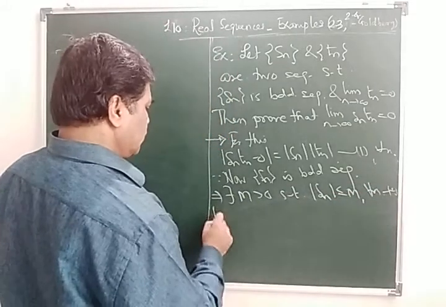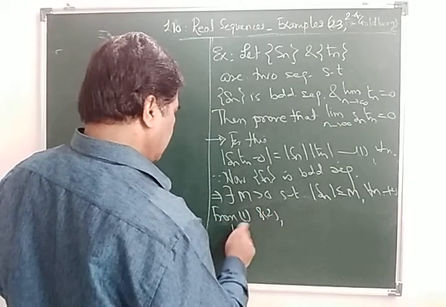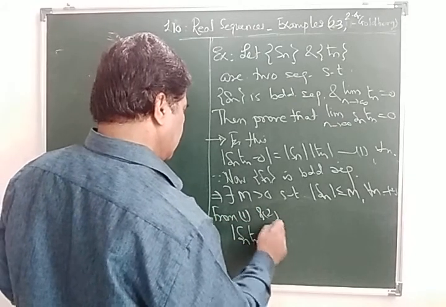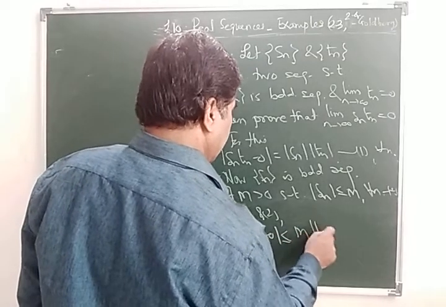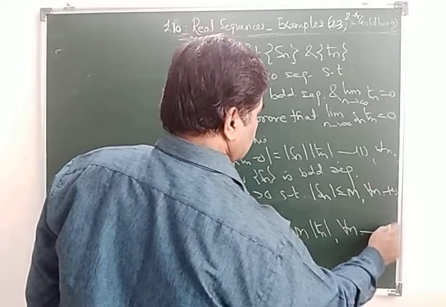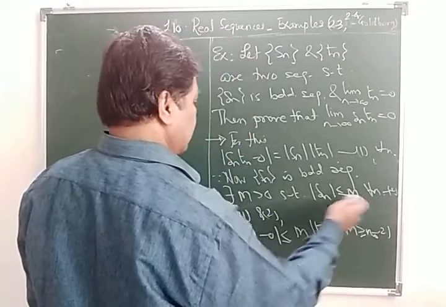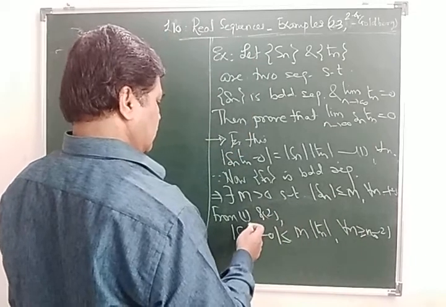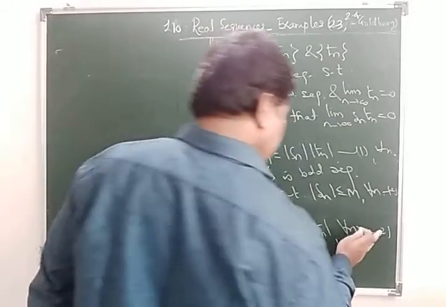From 1 and 2, mod of Sn Tn minus 0 is less than or equal to m times mod Tn for all n, no problem.